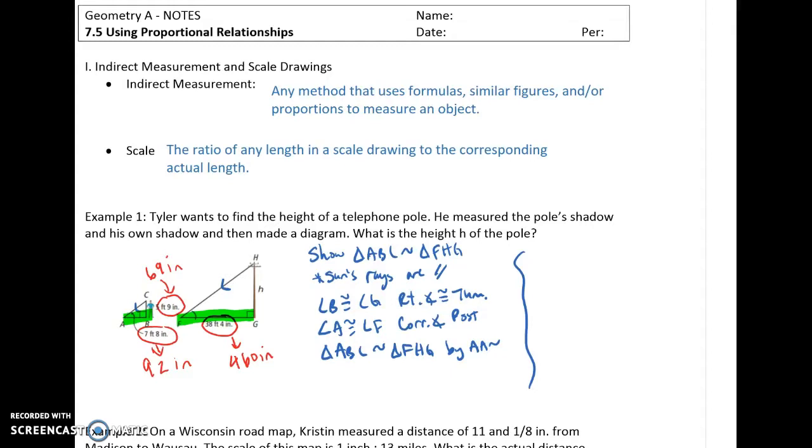So I can say AB over FG because they're corresponding parts. And then because I went small triangle to big triangle, I want to make sure I do the same with the other given sections. Now I'm looking at the heights, which are CB and HG, and I want to make sure I'm putting that in the same positions in my proportion.